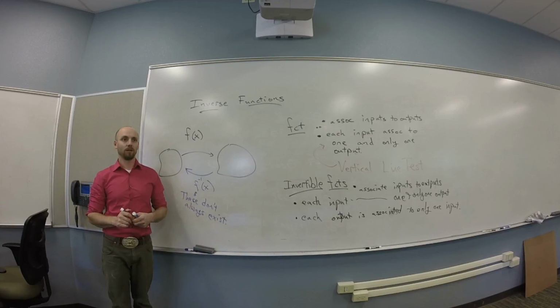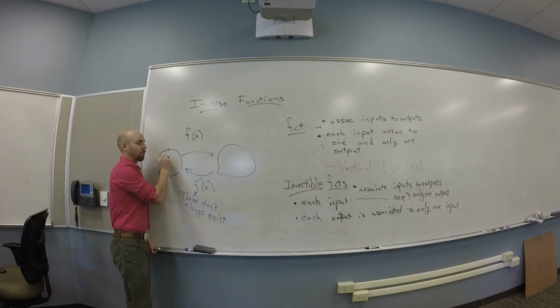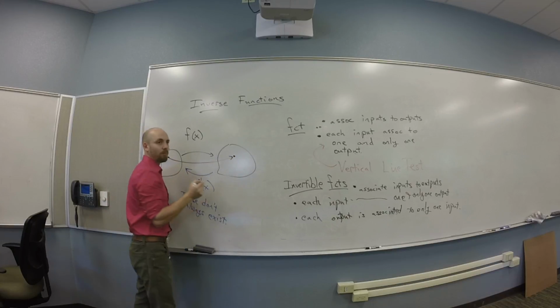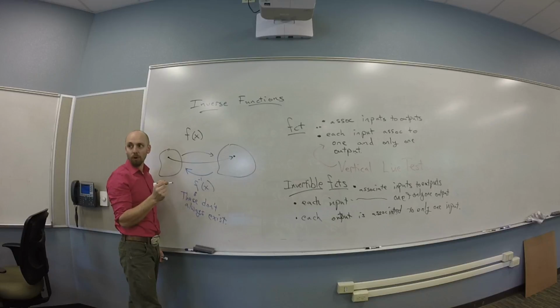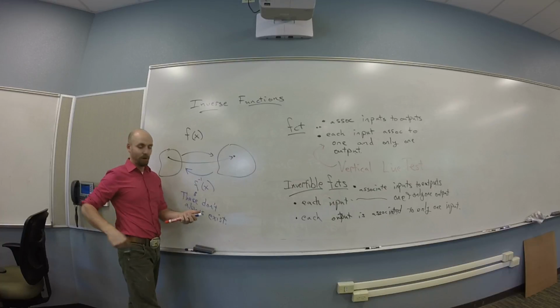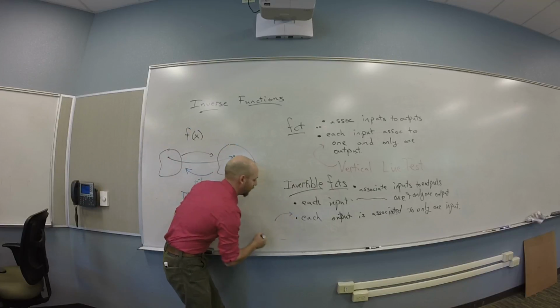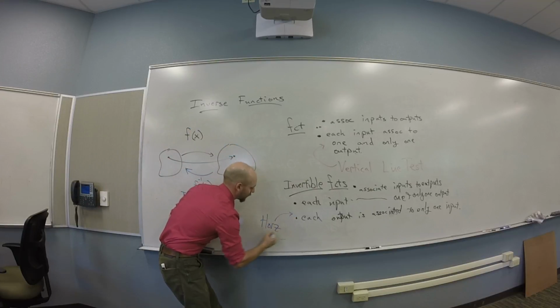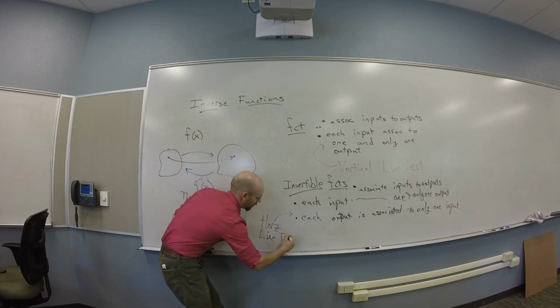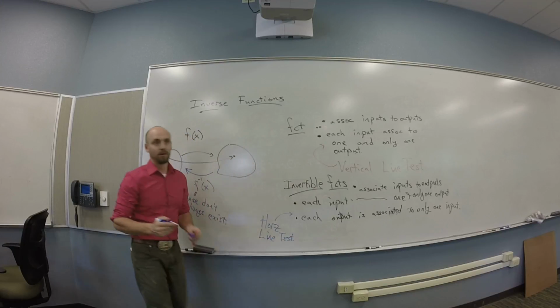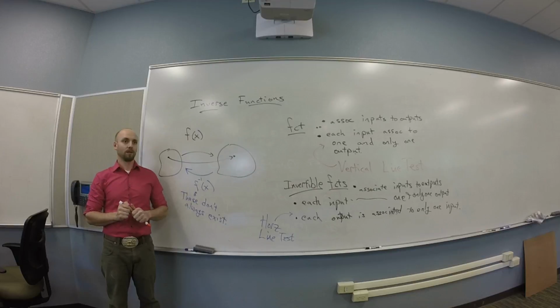In other words, an input over here goes to an output over here, and that's the only way to get there. Do you remember the line test for that one? Horizontal. Good. This piece is where the horizontal line test came from.